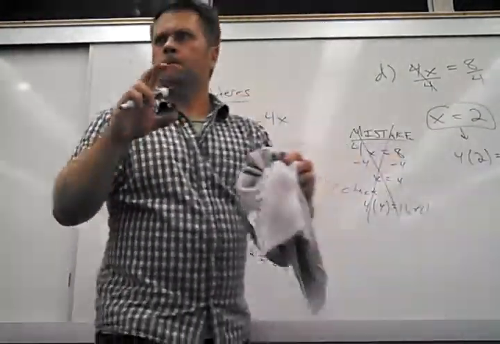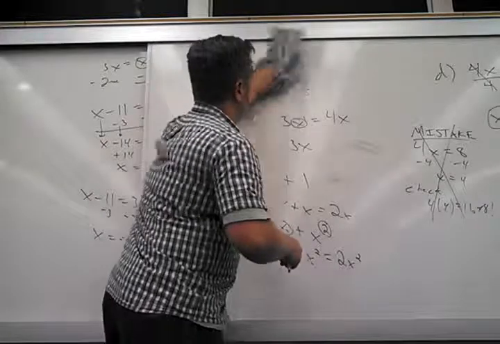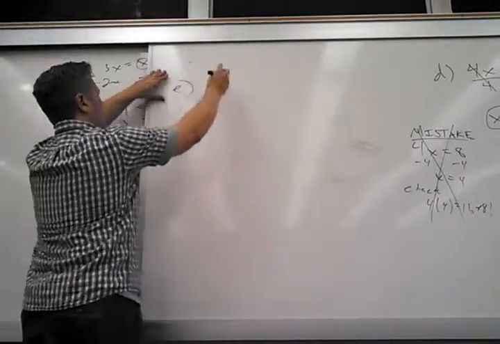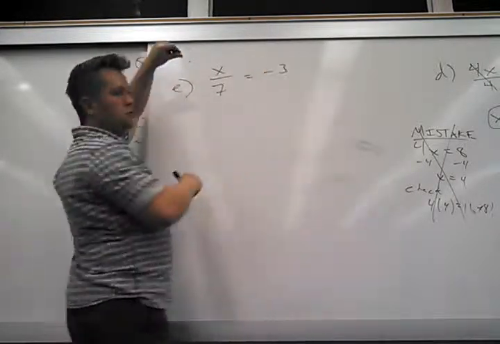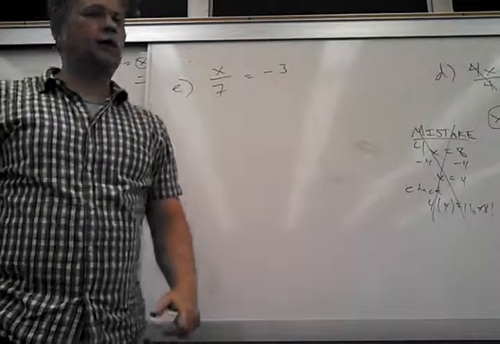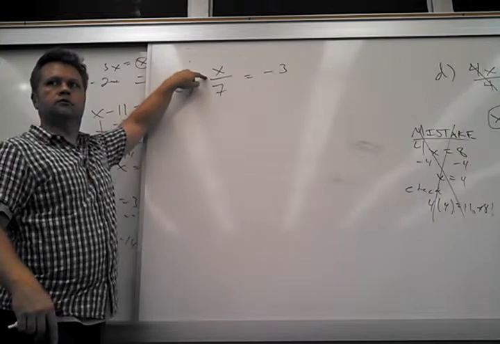How are we doing with that? All right, so what do you think that you do here? Throw some negatives in there, yeah. You say to yourself, what's the operation currently? Division.